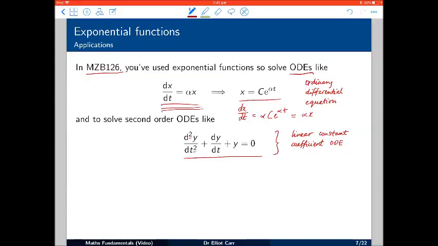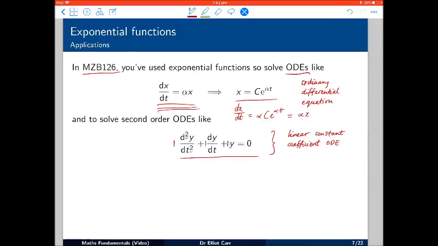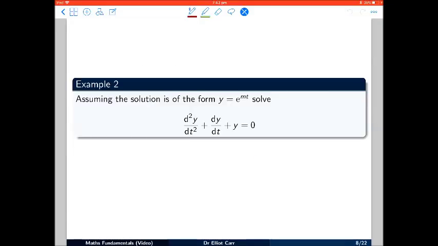It's constant coefficient because the coefficients in front of the derivatives are just constants. They don't depend on y and they don't depend on t. So in this case the constants are just 1, 1, and 1. And we can always use exponentials to solve ordinary differential equations in this form. So we're going to show you how to do that for this ODE.